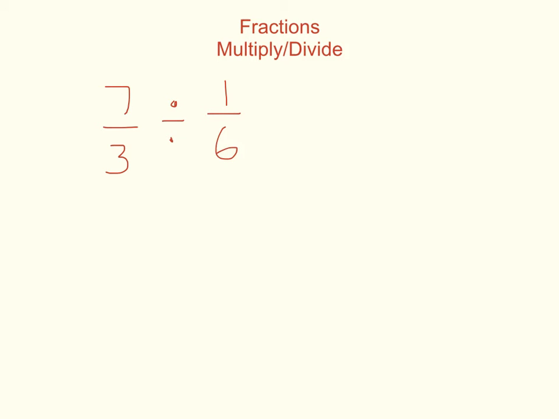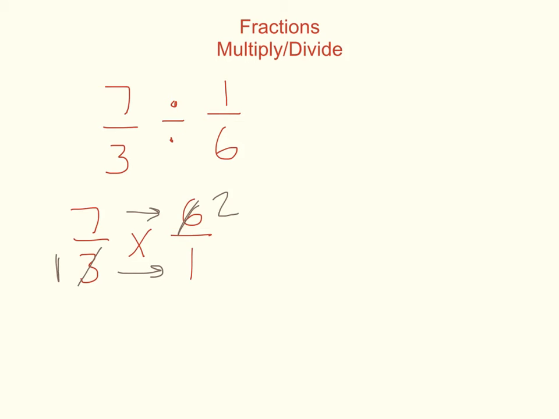The first thing we're going to do is keep, change, and flip. You can go ahead and multiply straight across if you want to, but if you can reduce the numbers that are diagonal with each other, it's going to make the problem a lot easier, because you're going to be multiplying smaller numbers. So we know that we can take that 3 and make it a 1 and make that a 2.